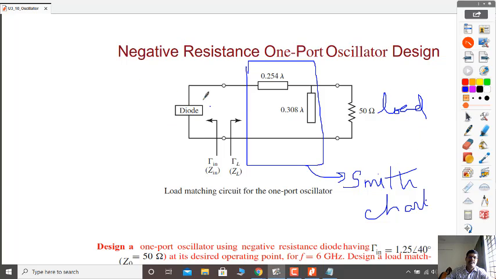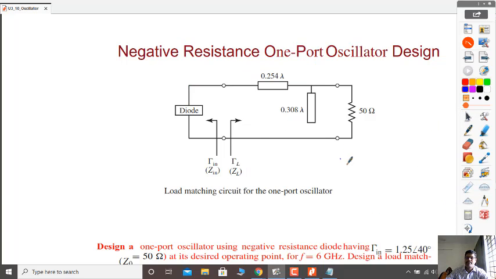This is the negative resistance device. The biasing is not shown in this diagram. Actually, the bias will have a current limiting resistor followed by one inductor which connects over there. So this completes the entire design.